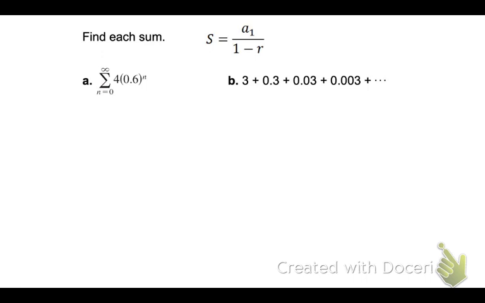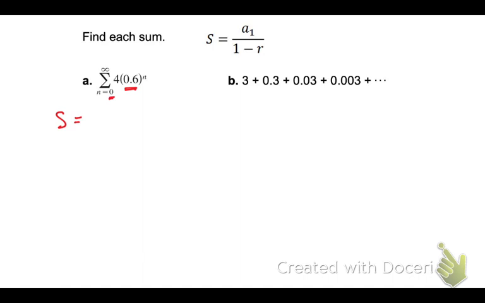Can I find the sum of the first one? What's r? 0.6. So yes, I can do it, right? So we just write S. So, a sub 1. How do we find a sub 1? We plug in n, the lower limit, which would be 0.